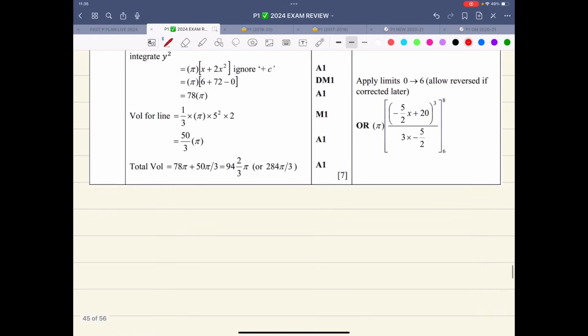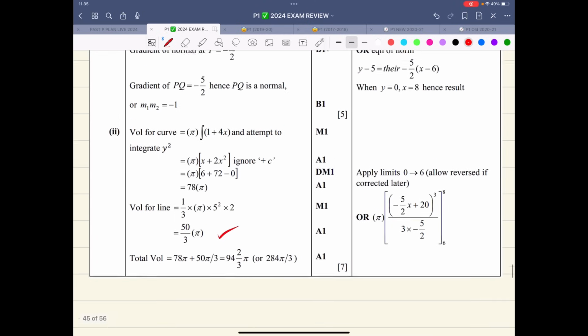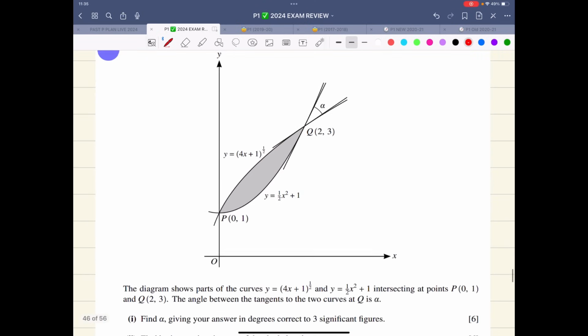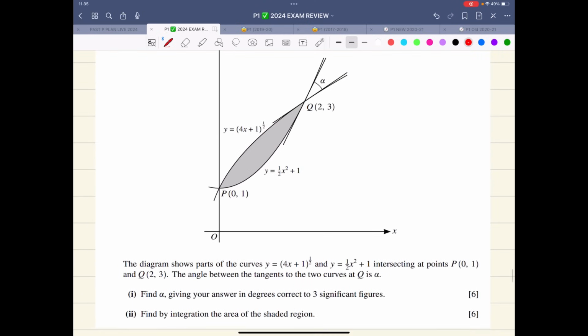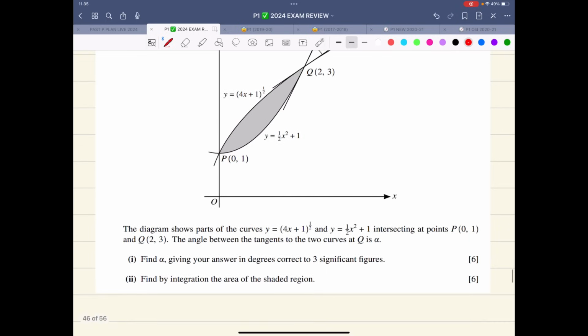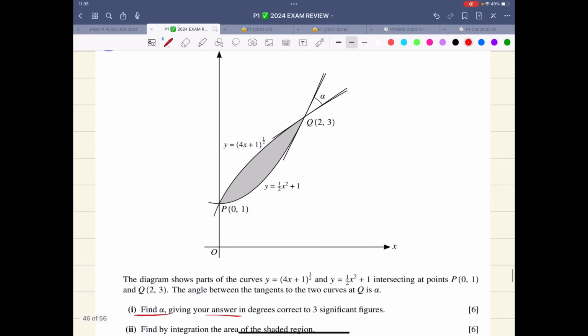And that's the volume for the line. Now a lot of people ask this question, and they haven't asked it for a very long while, so let me do this also. The diagram shows part of the curve, and I'll just focus on the angle between the two. Integration is basic, I'll simply write it down.